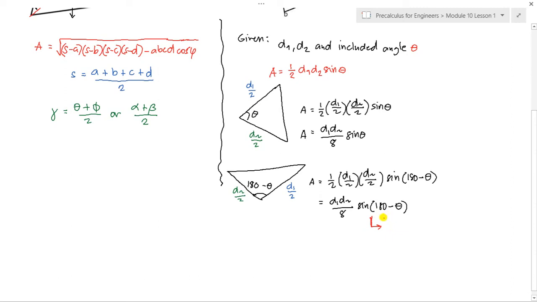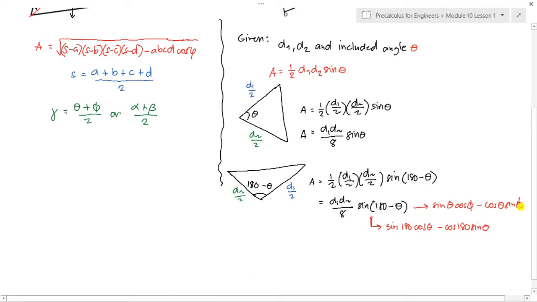This is a difference of two angles, wherein for sine, that is just equal to sine 180 cosine theta minus cosine 180 sine theta. Do you remember this? Sine of theta minus phi is sine theta cosine phi minus cosine theta sine phi. So that is our trigonometric identity.